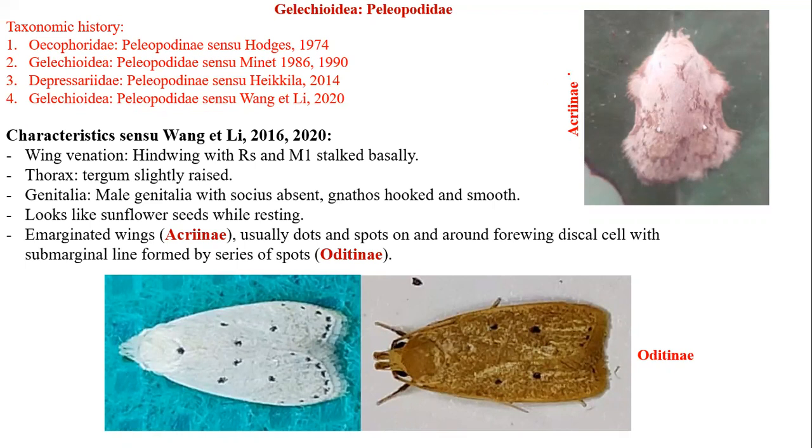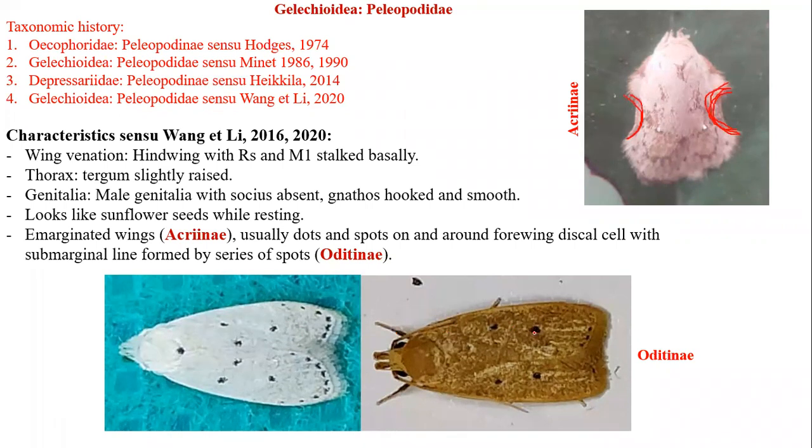Because in the case of subfamily Acriini, the members tend to have an emarginated wing costa on their forewing. You are seeing here that they show a cup-like depression or emarginated wing. And in the case of subfamily Oditini, they can be identified following their wing markings.